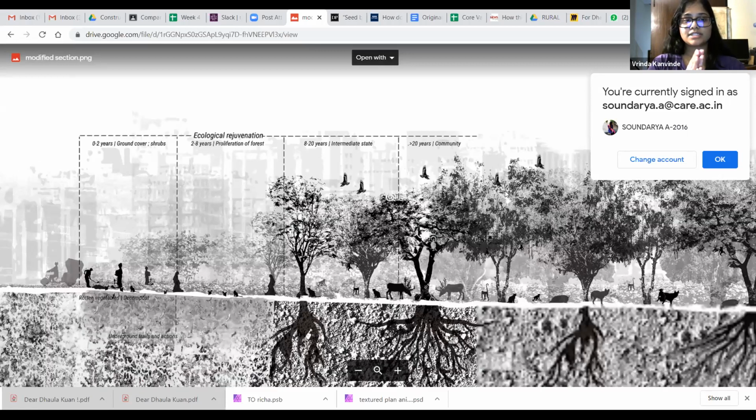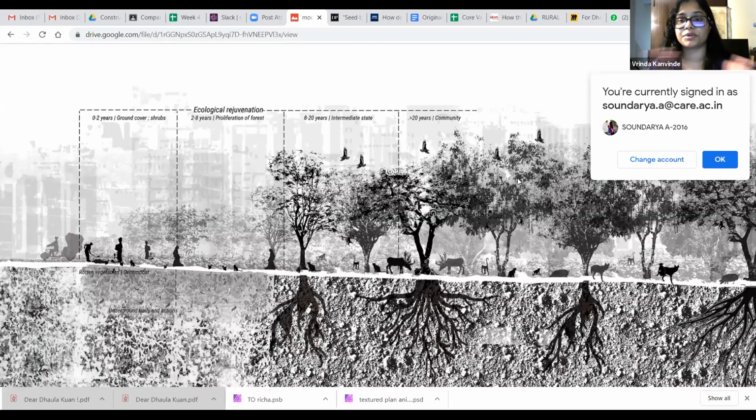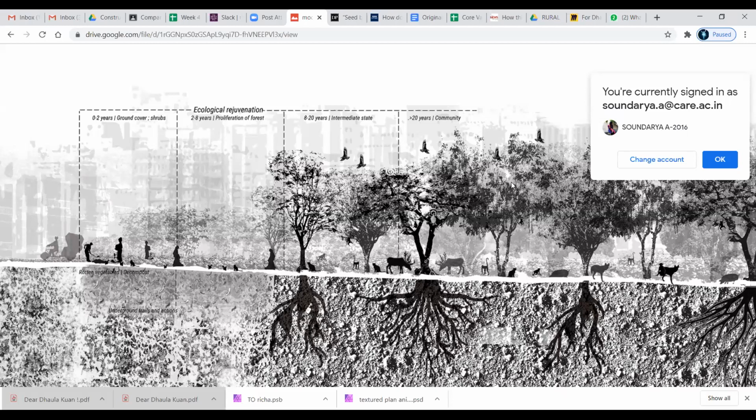So how this ecological rejuvenation happens is over a period of time. Maybe for the first 2 years, it's only ground cover and shrubs and algae proliferating, and then slowly from 2 to 8 years, the trees start to come up, and we were introducing a process of mulching throughout the site, where above the top layer of the soil you introduce nutrient-rich decaying materials, so that the earthworms can come back into the picture.